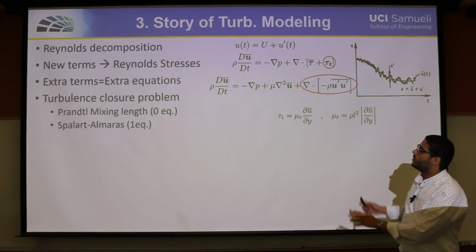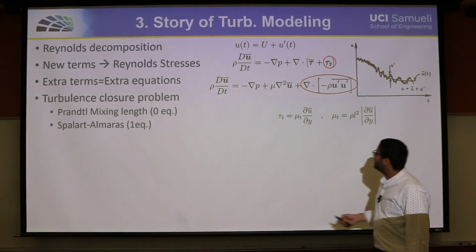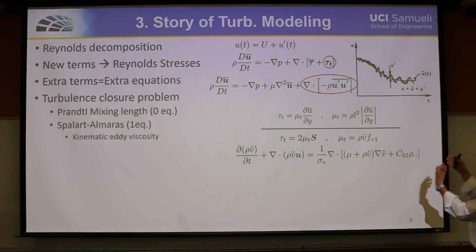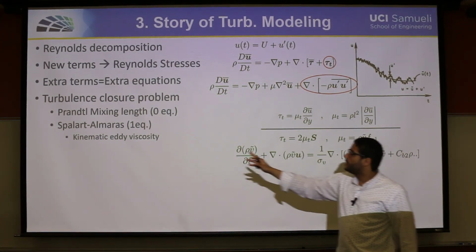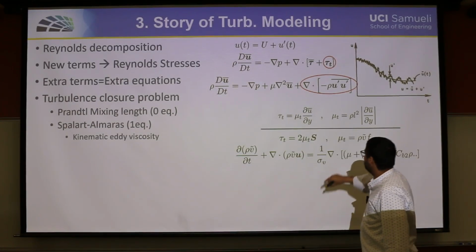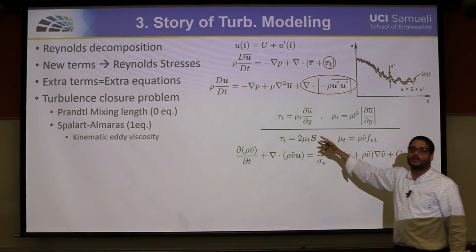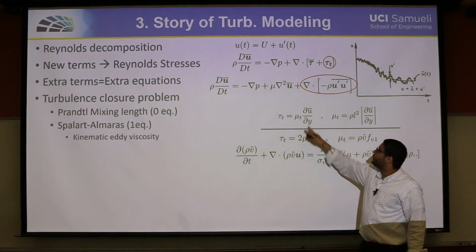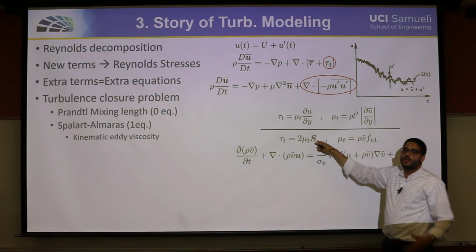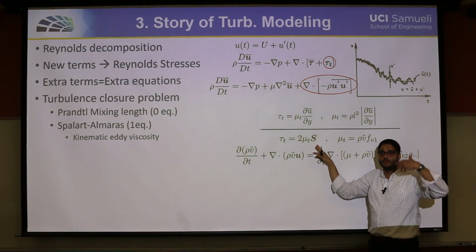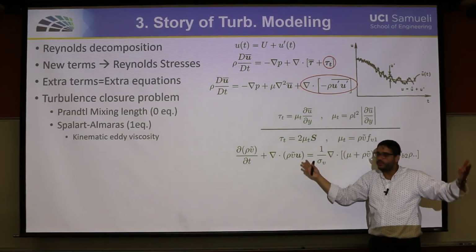Spalart and Allmaras developed that one equation model, their closure model. They relied on the kinematic eddy viscosity. But instead of multiplying it with just that gradient, they multiplied it by the strain rate tensor of the flow field.